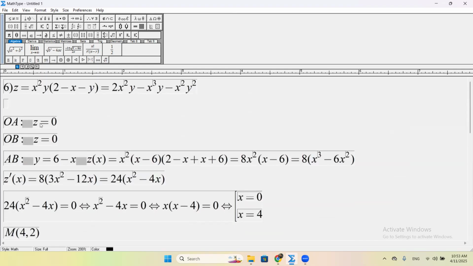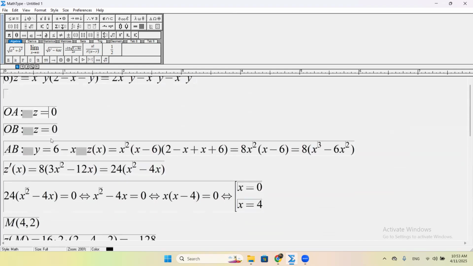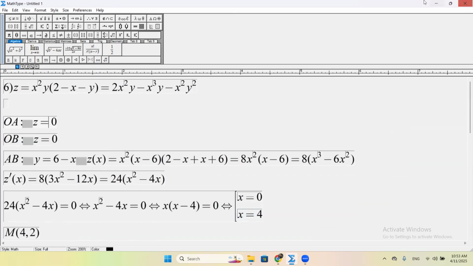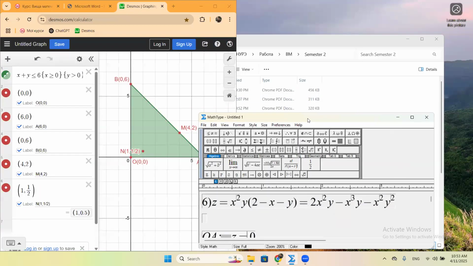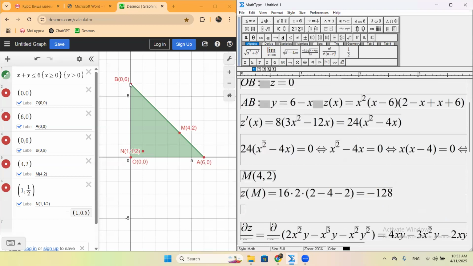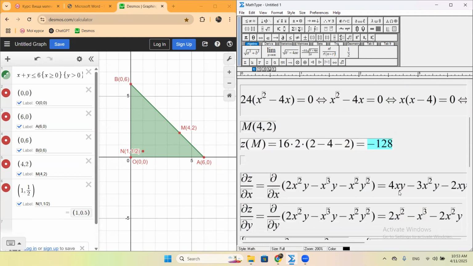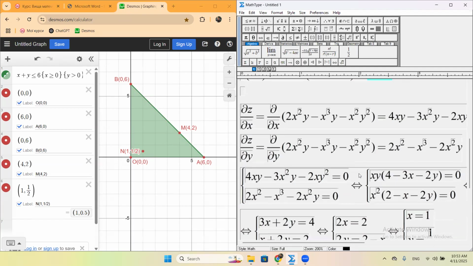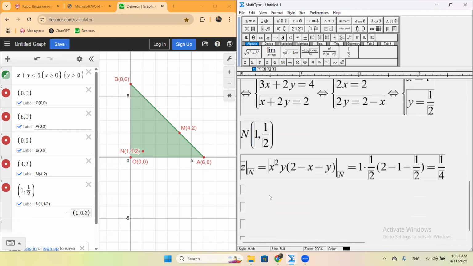We received z equals 0 at these edges. On this edge, we have the value minus 128, and it is actually the minimum value, the least value.